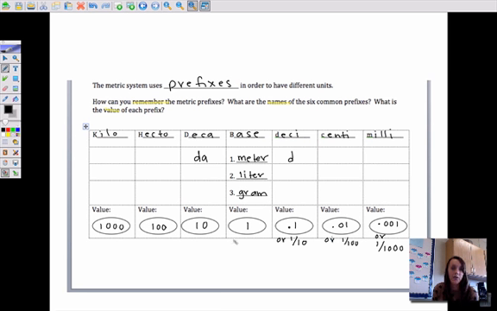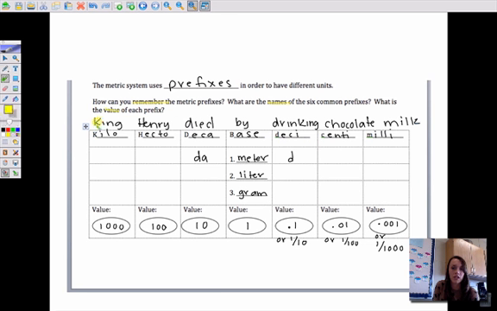Using that story is how we're going to remember our metric prefix order, because King Henry died by drinking chocolate milk. So we're going to look at the first letter.